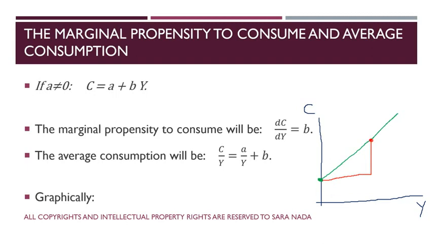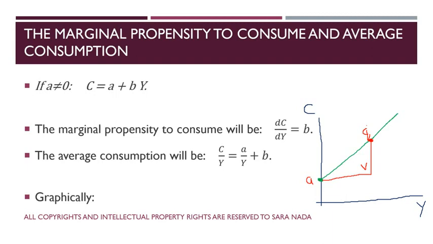So at this point, this red and green triangle, so we have here A, let's call this point Q, and let's call this point V. Okay, so that triangle AQV is just representing the slope of the consumption function, which is the B.